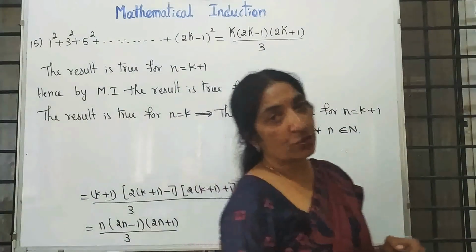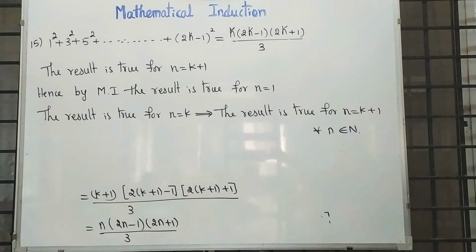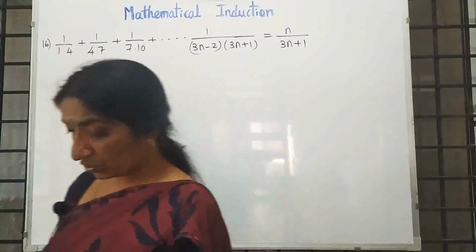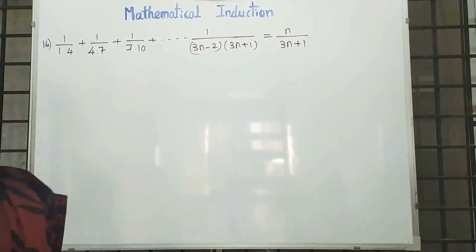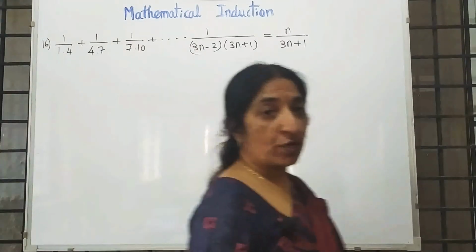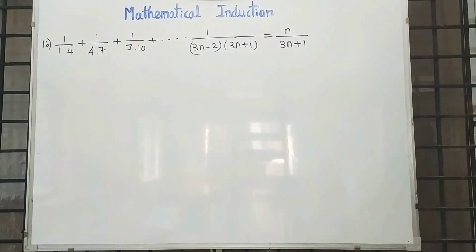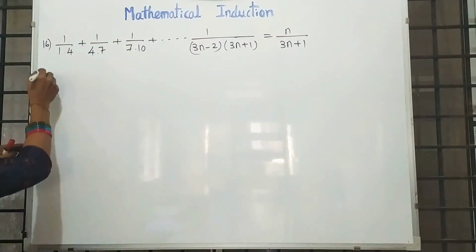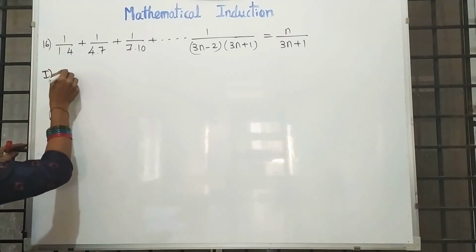Moving to the next question. See the next question, that is question number 16: 1/(1·4) + 1/(4·7) + 1/(7·10) and so on. As usual, first step, for n equal to 1.